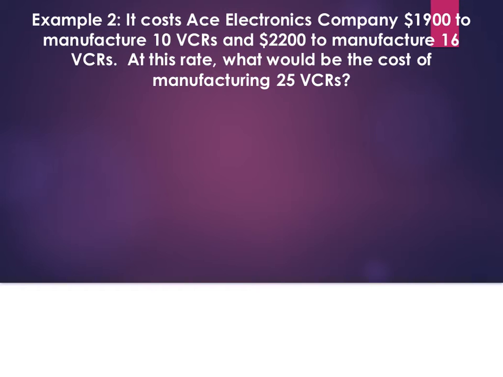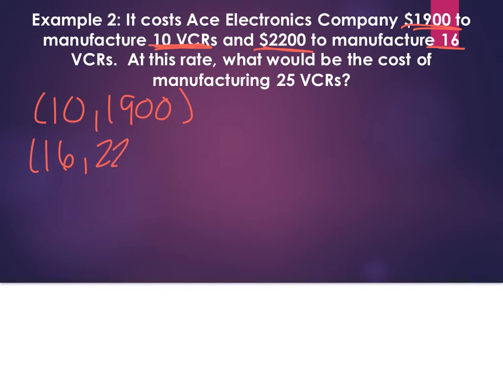Well, I'm given money and VCRs, and money and VCRs. 2 of them, which means we have 2 points. (10, 1900) and (16, 2200).